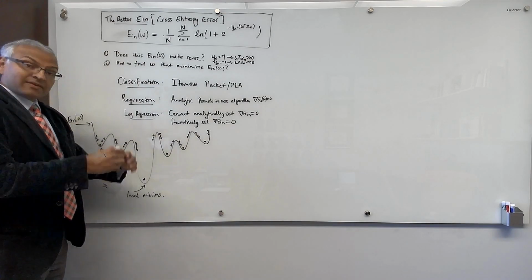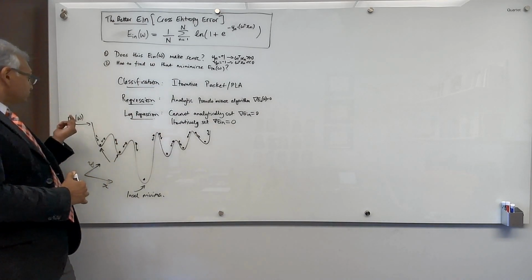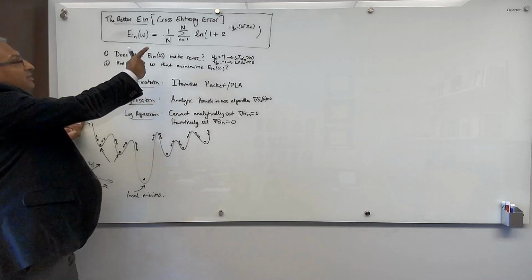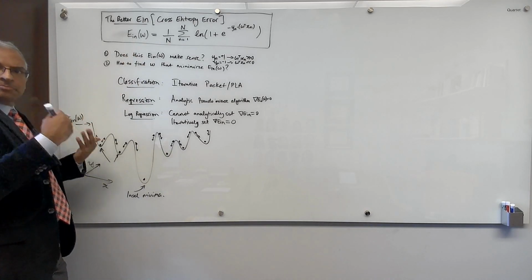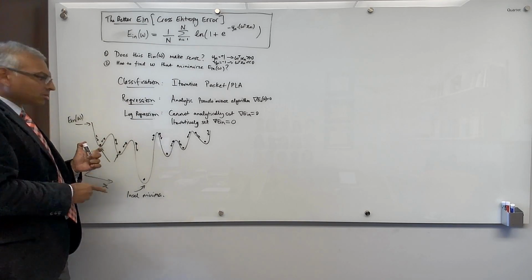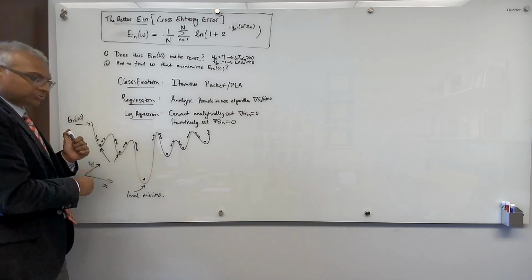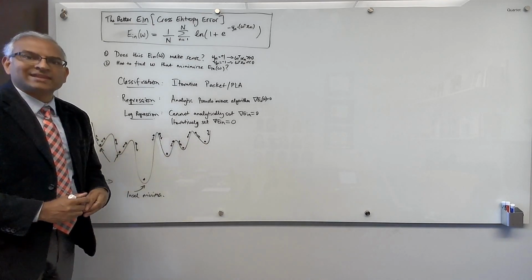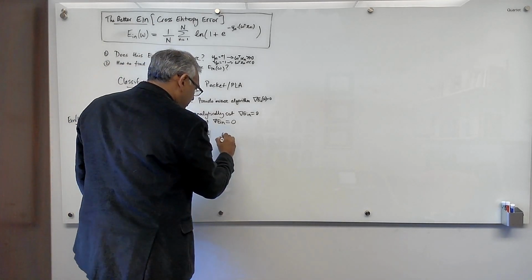So our idea is to use the surface that is defined by the in-sample error and play this game of throwing a ball on this surface and seeing where it rolls to. When it stops rolling, you've come to the bottom of some valley.